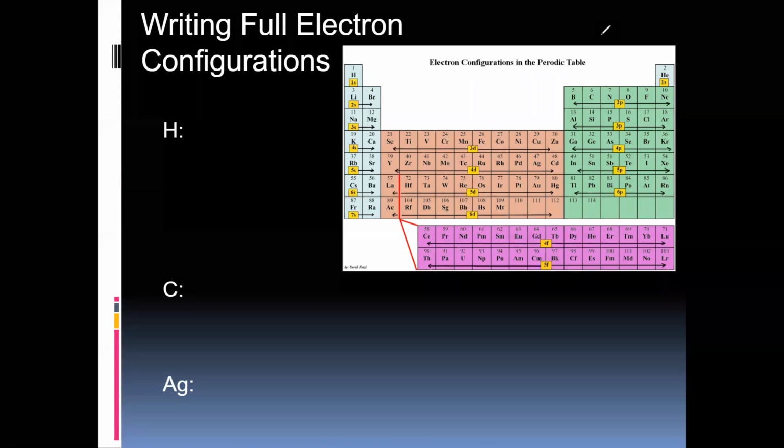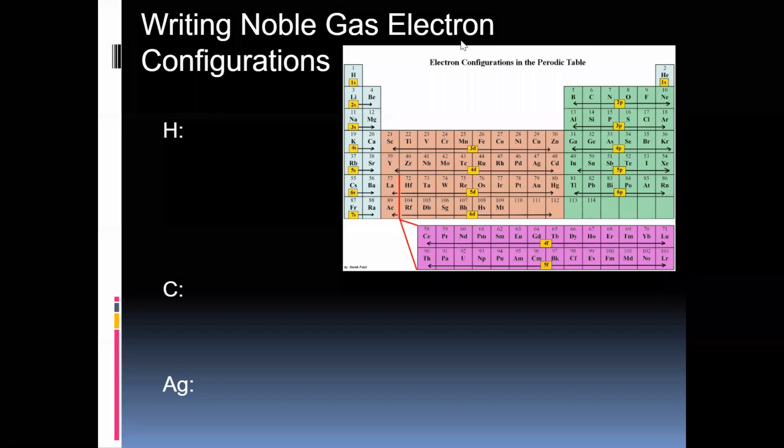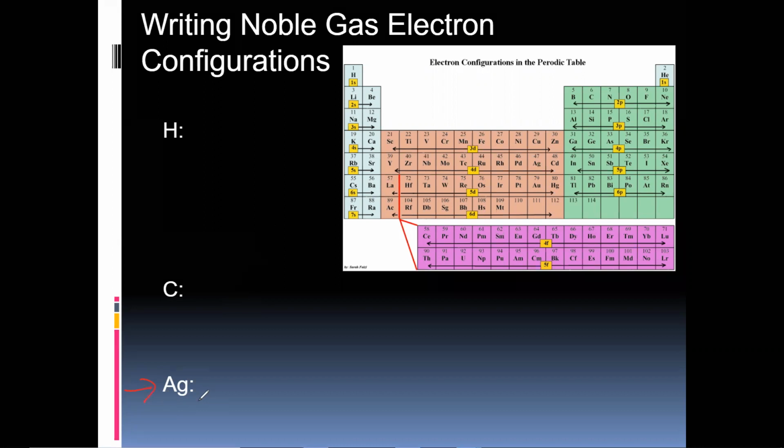Because full electron configurations are kind of a pain at times, for the longer ones, i.e. this one, you can write it a little differently. You can write it using a summary, essentially, of the nearest previous noble gas. So if you remember, noble gases are all down here.